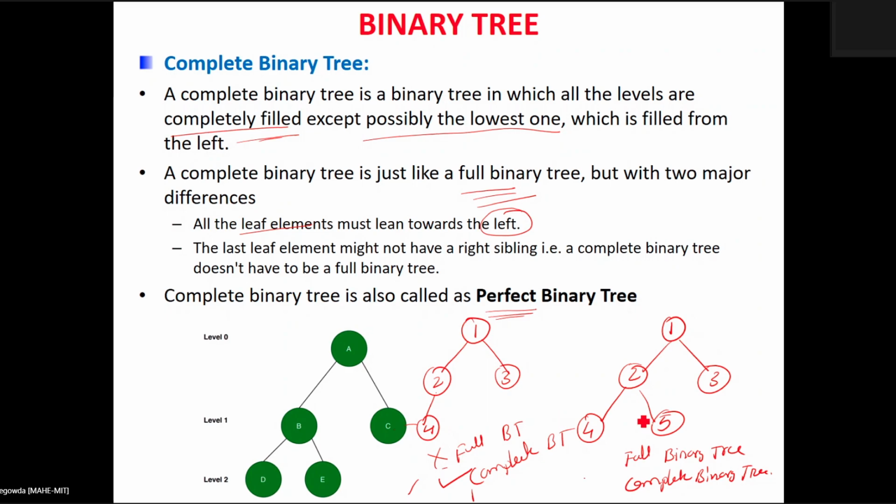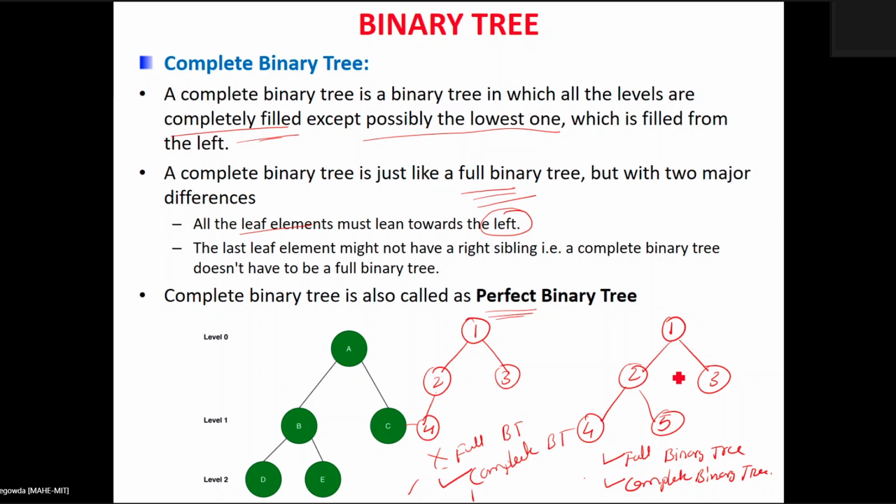Full binary tree, but actually it satisfies the definitions of both a full binary tree and a complete binary tree, so it is an example for both. Is it true? What does a full binary tree say?